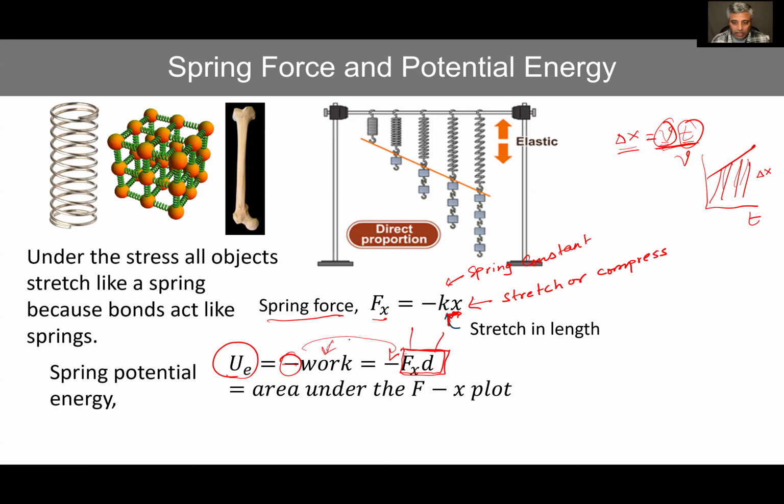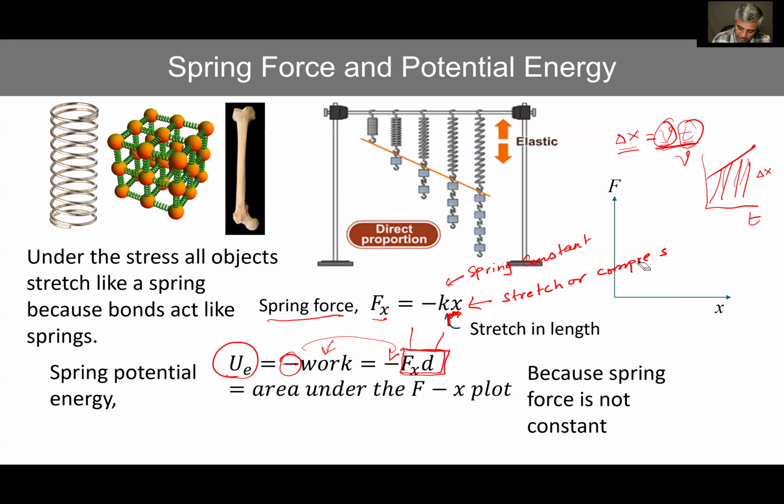So to find work done, what we can do is make a plot. Okay, here is my plot. So work needs to be the area under that plot. Based on this equation, we know this is always going to be a straight line.